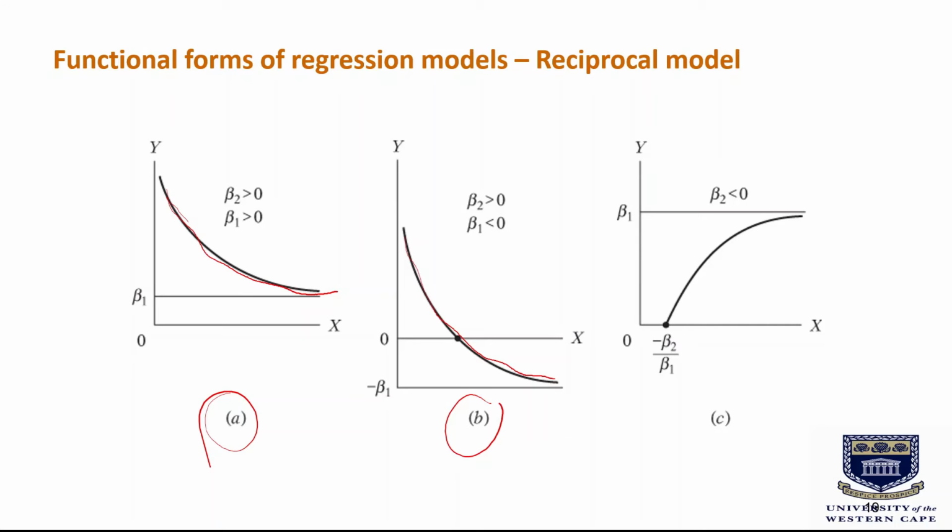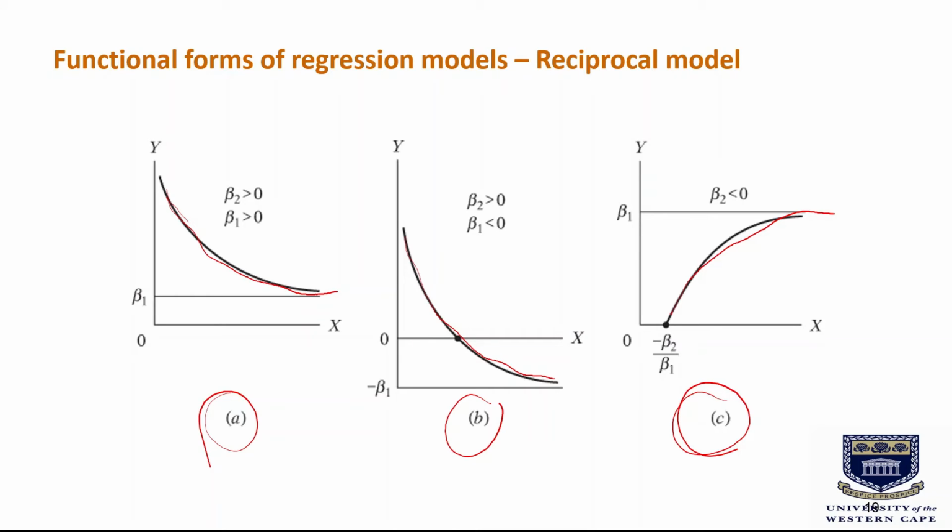The example is given here in panel C, where you have beta 2 negative and you have beta 1 positive, right? So here the asymptote lies above the function, okay? And the function can approach the asymptote, but it never crosses the asymptote, okay?